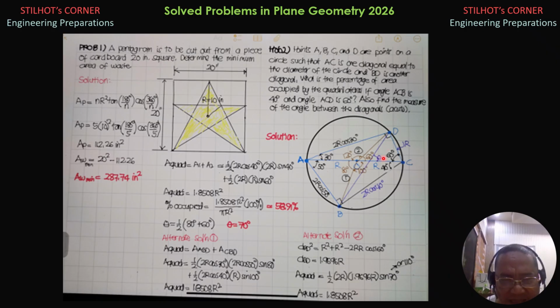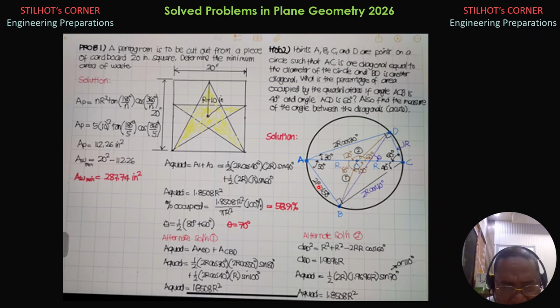This theta is the average of the subtended arcs of the diagonals, namely arc CD and arc AB. Since this is 40 degrees, the central angle subtending the same arc would be two times 40, so that's 80 degrees.